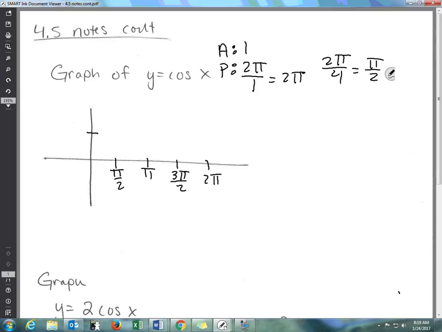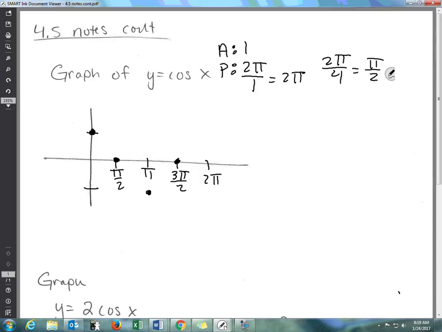Your amplitude is 1, so I'm going to go up 1 on the y-axis and down 1. Like I said, cosine starts at your amplitude. So it starts at 1, comes down at pi over 2 to the x-axis. At pi, it goes to the negative y-axis. At 3 pi over 2 it comes back.